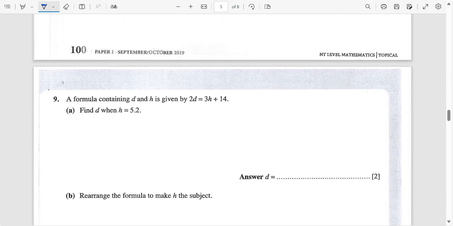Okay, let's move on. A formula containing D and H is given by 2D equals 3H plus 14. Find D when H equals 5.2. So when H is 5.2, your 2D equals, press the calculator, you get 29.6, but that is the value of 2D.